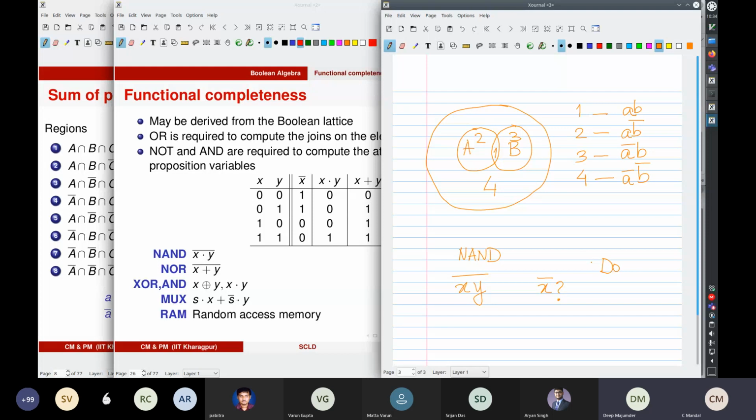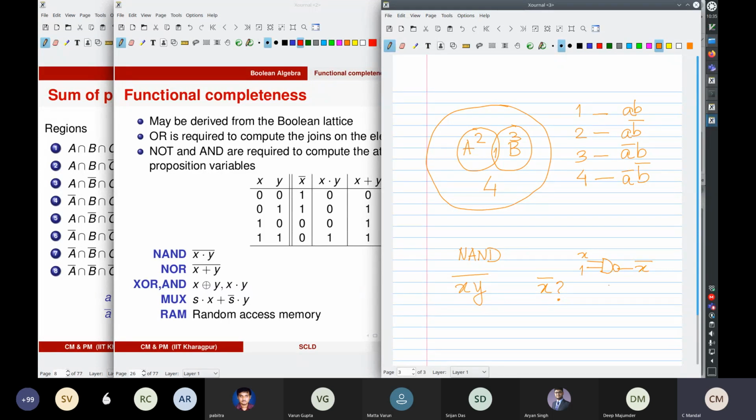That is one way of saying it: you connect both inputs to x, and this will give you x bar.